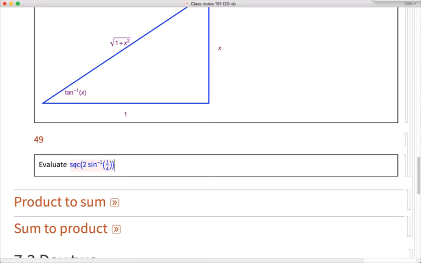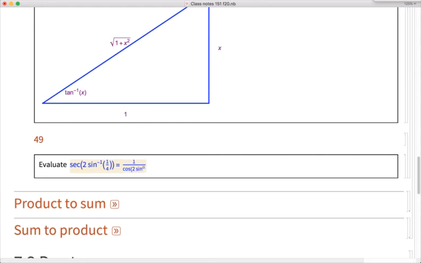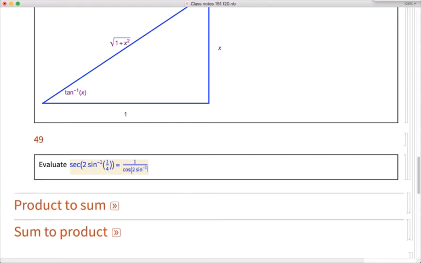Okay, evaluate this. So this is an evaluation problem. So we want a numerical value in the end. Okay, so let's see. I told you I wasn't going to ask for secants, so we're going to re-express secant in terms of cosine. So this is 1 over cosine of twice sine inverse of 1/4.